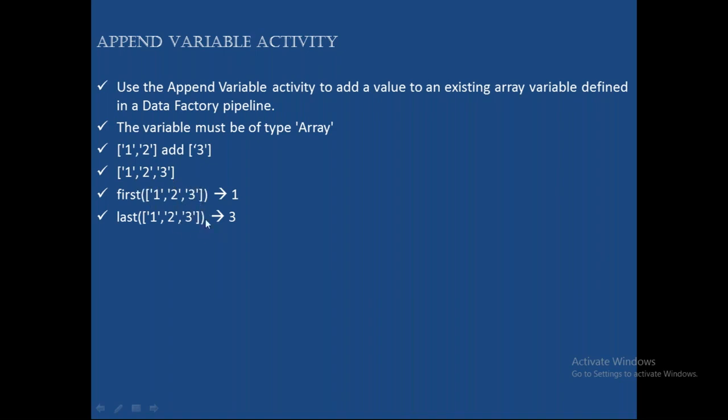Whatever you see last, that will be the latest one. So I need to pick the latest date. With the help of this date, I can identify which file came recently. That particular file, I can pick from the copy activity and load into the target. Okay, that's what we are going to do.